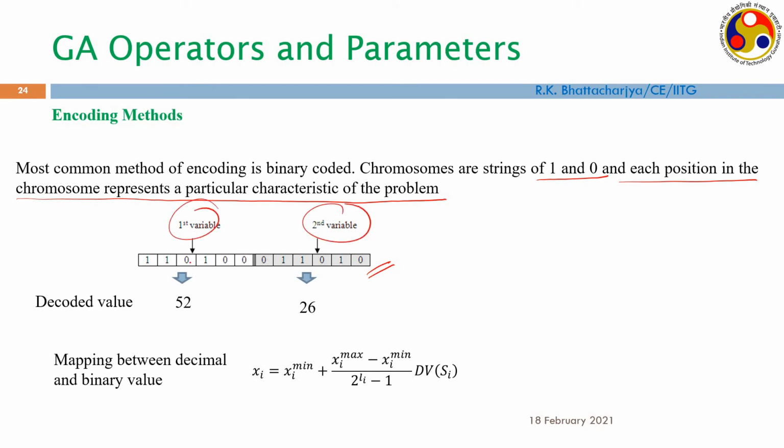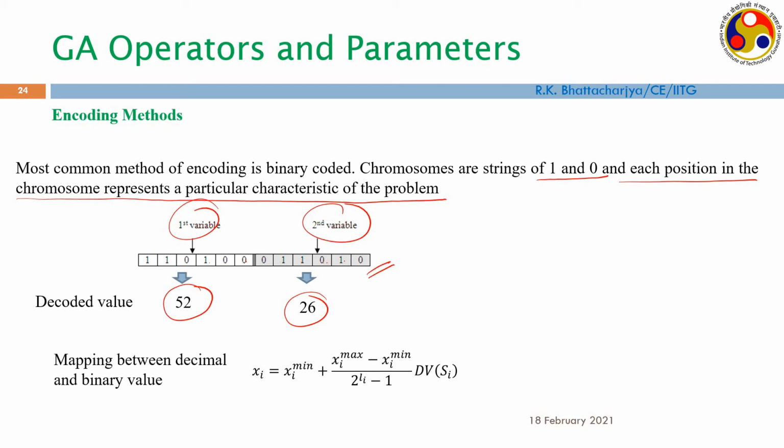I am taking 6 bits to represent variable 1, and another 6 bits to represent variable 2. Now if the first string is 1 1 0 1 0 0, the corresponding decoded value is 52. Similarly, suppose this is 0 1 1 0 1 0, the corresponding decoded value is 26.